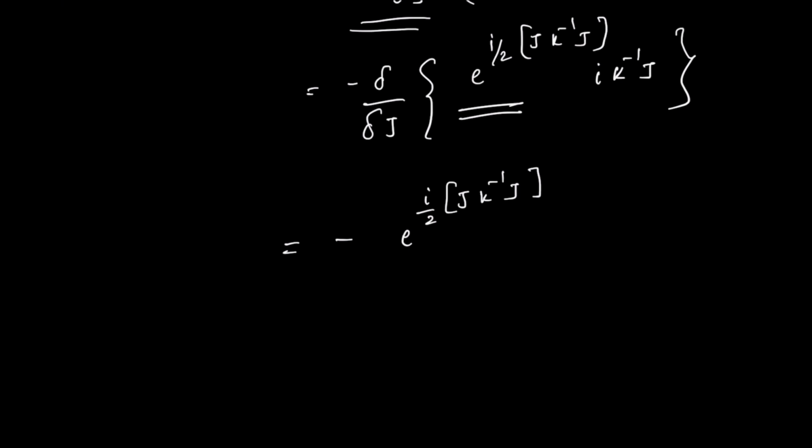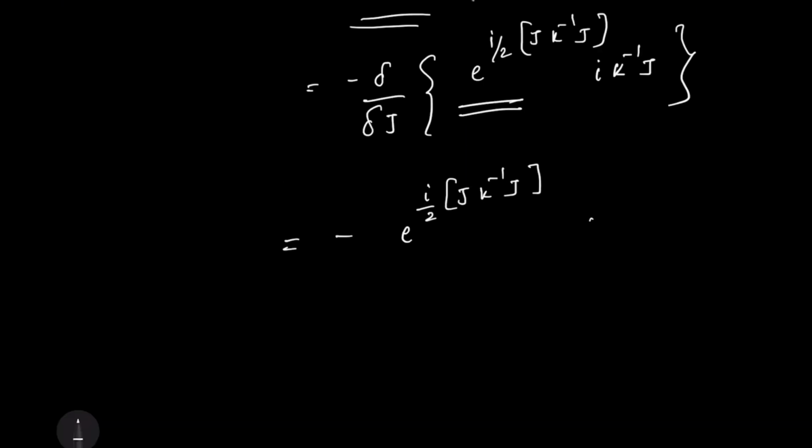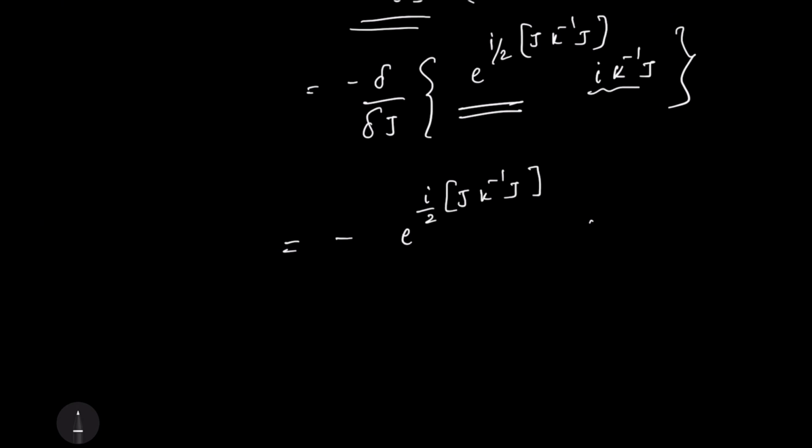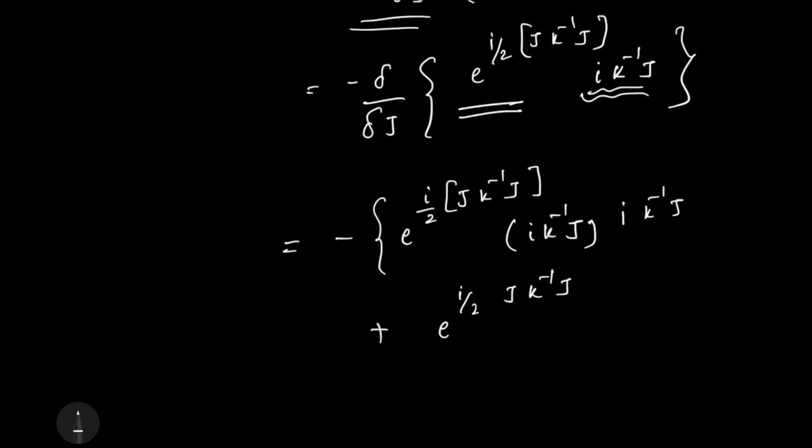And the derivative of J K inverse J with respect to J will again give you I K inverse J. Then I have to multiply with this second term I K inverse J, plus now the exponential as it is, and I have to take the derivative of the second term. What is the second term? I K inverse J. So the derivative of the second term with respect to J will be I K inverse itself, right?